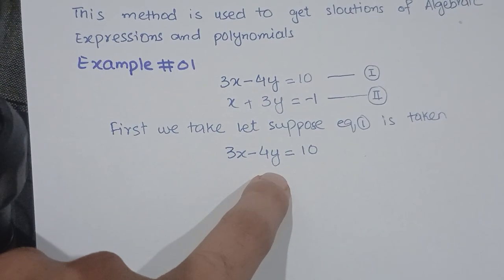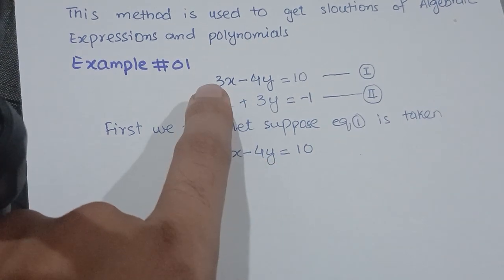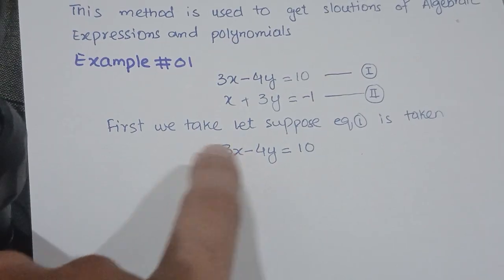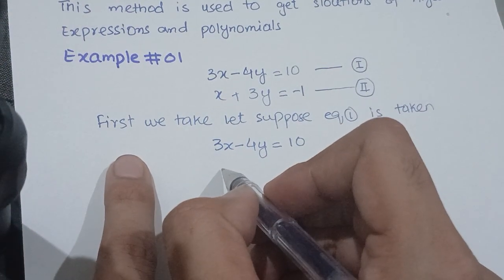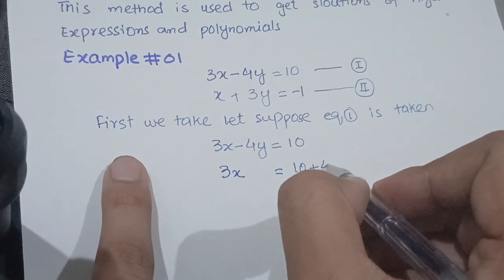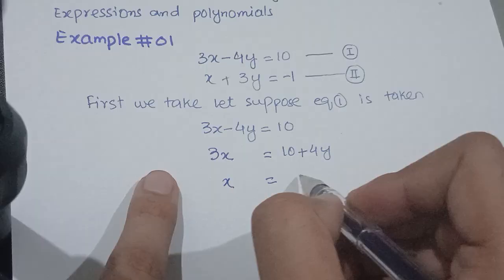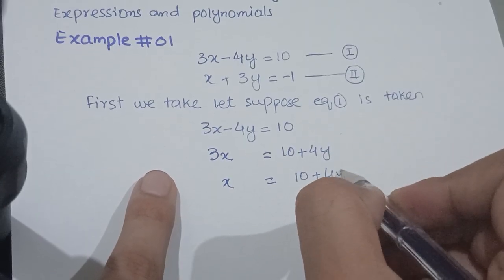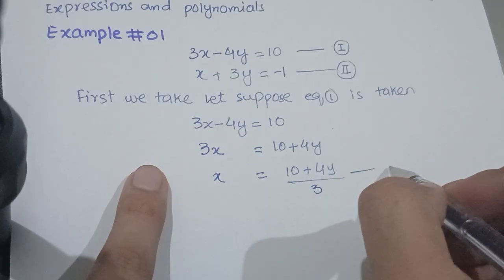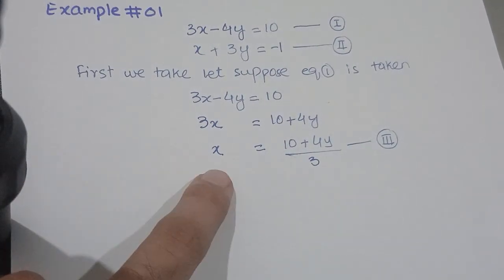The value of either x or y will be transferred in this equation 2 to solve the x and y. So we will decide to eliminate x: 3x is equal to 10 plus 4y. We will put the value of x from this equation number 1 to 2. So this will become equation number 3. So this is the value of x.